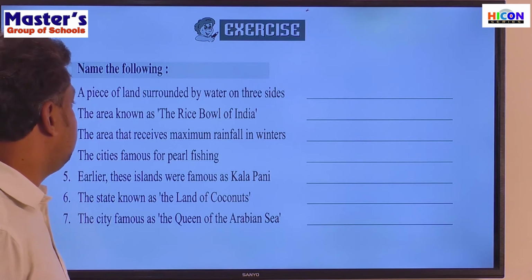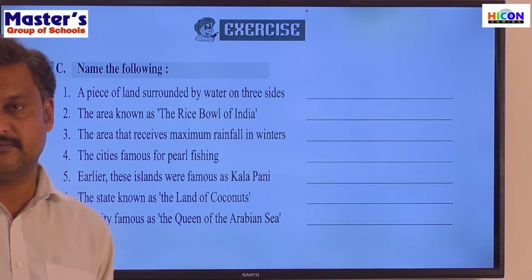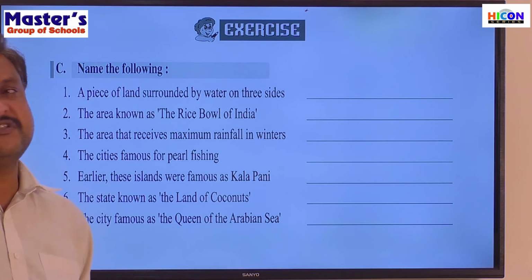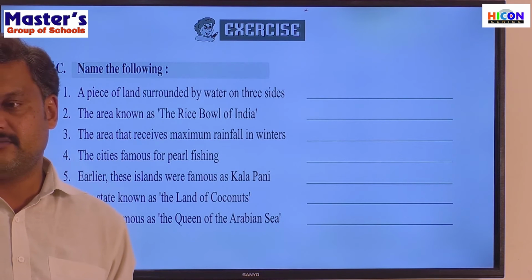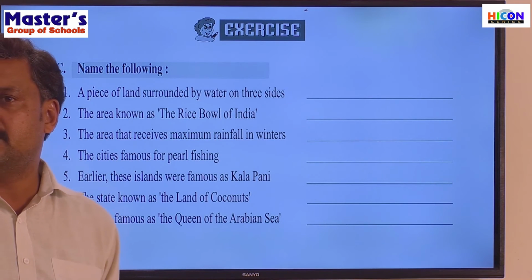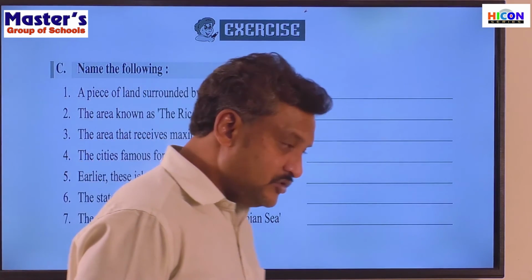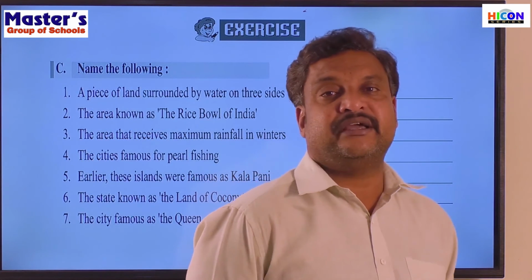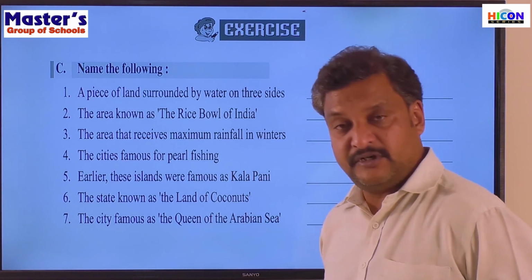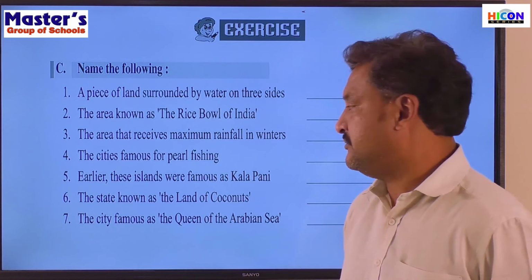The area that receives the maximum rainfall in winter is the Coromandel coast, right? The cities famous for pearl fishing are Kodallur is one and Tuticorin is another one. Okay, so the coastal areas which are famous for pearl fishing are Kodallur and Tuticorin.